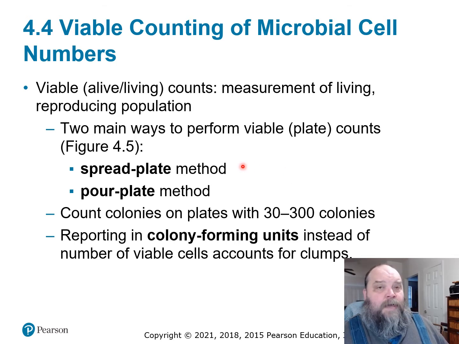You can do this by two methods: the spread plate or what's called the pour plate. We're going to be doing the spread plate in lab in a few weeks. Pour plate method we're probably not going to do. It's six of one, half a dozen of the other. I'm just picking one over the other because this one's faster.